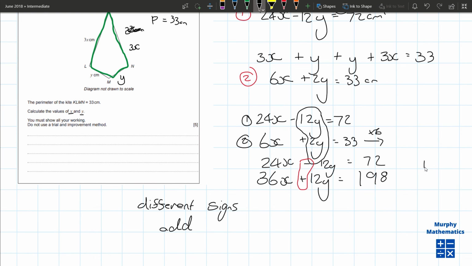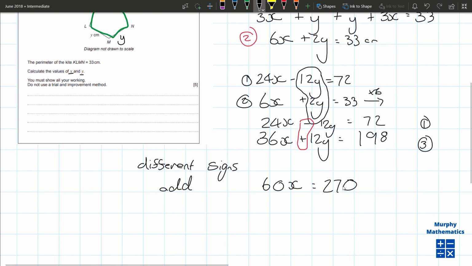When we add equation 1 to equation 3, minus 12y plus 12y equals 0, so they're gone. I'll just have x's and numbers: 24x plus 36x gives 60x, and 72 plus 198 gives 270. So 60x equals 270.